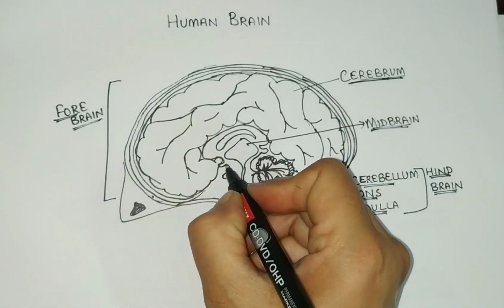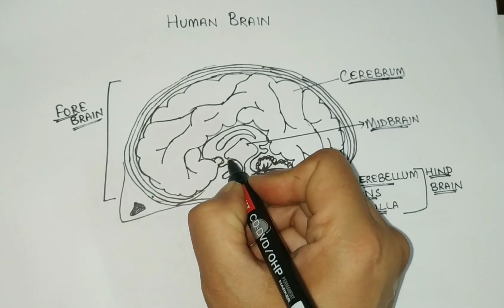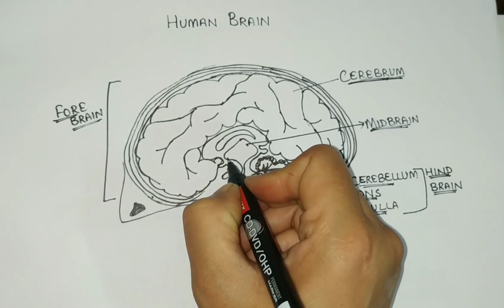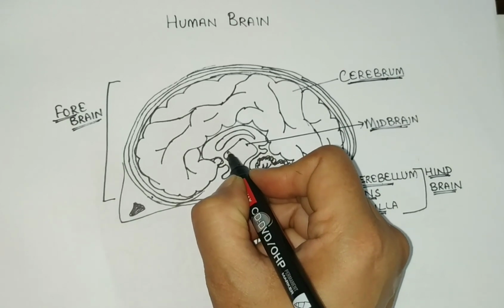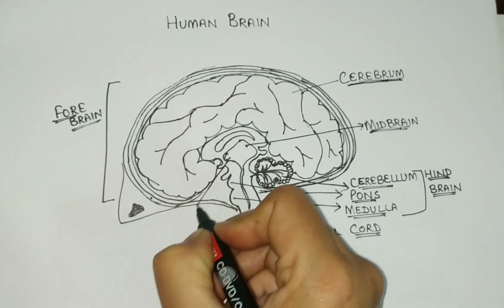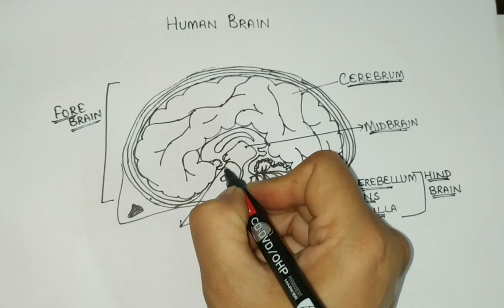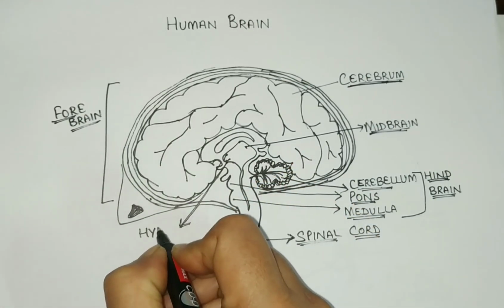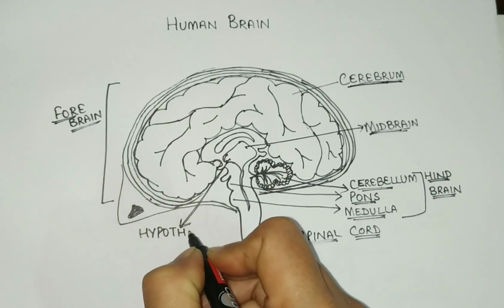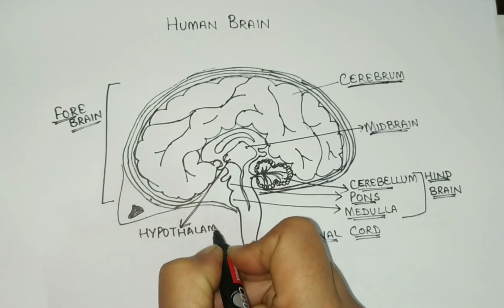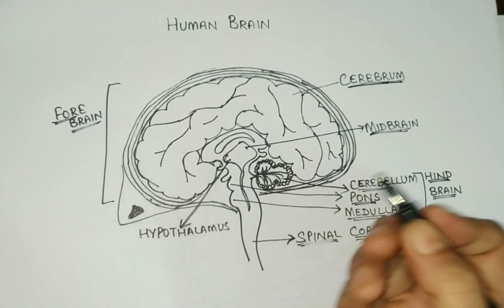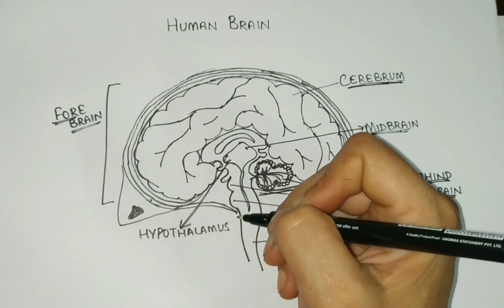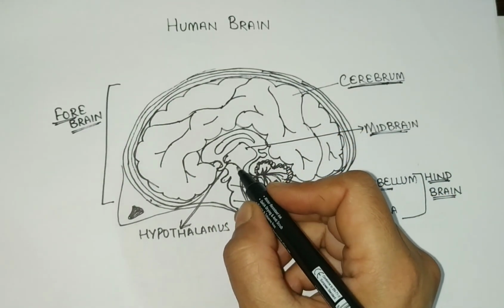Then comes this part of your kite, which is protruding out. We'll be labeling it as hypothalamus. Now comes this outgrowth, the next one within.